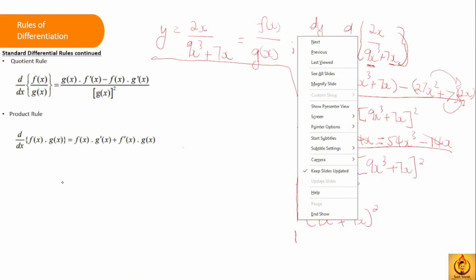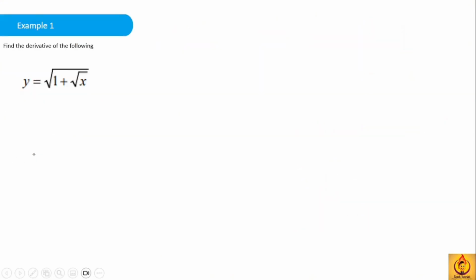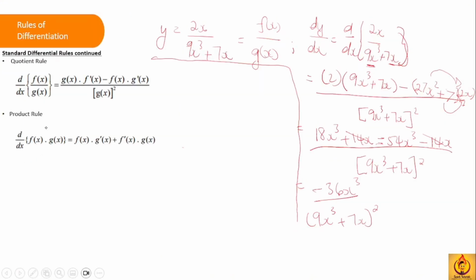Coming to the final rule, right? So the final rule is the product rule. And what this product rule says is that if you have two functions multiplying each other, f of x by g of x, then the derivative of that product will be a sum of two products.